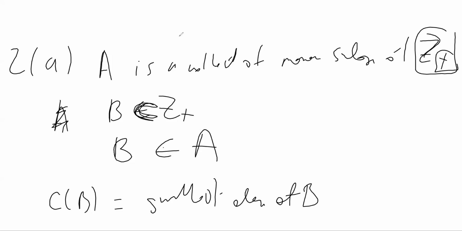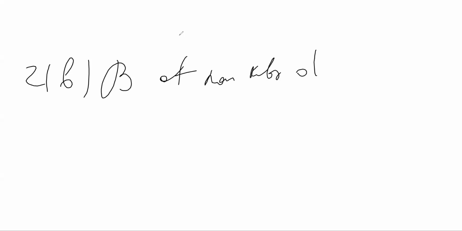Nice. How about I'll give you a try on the second one, B. So the collection B of non-empty subsets of Z. Oh, that's trickier. But now that you know the idea for 2A, can you guess the idea for 2B?